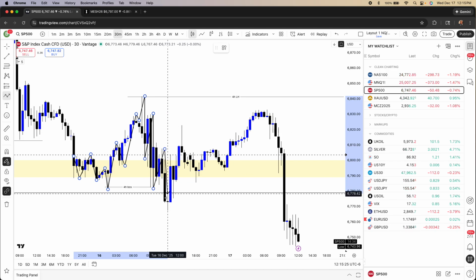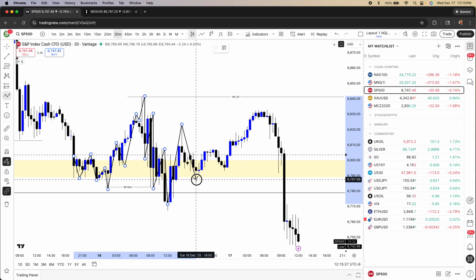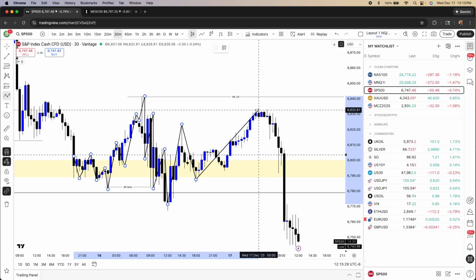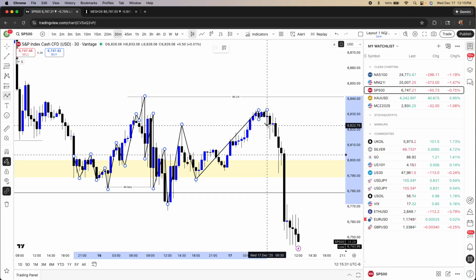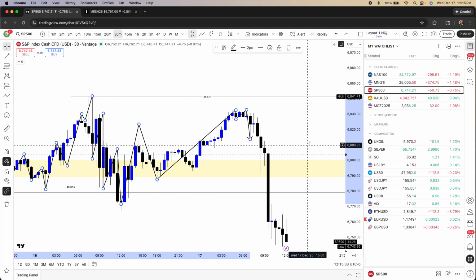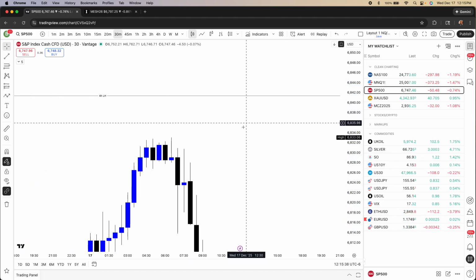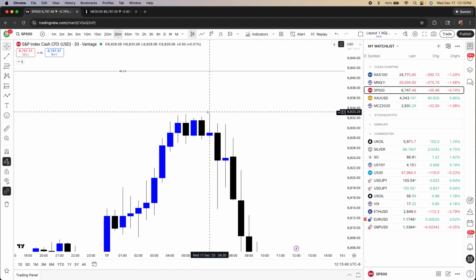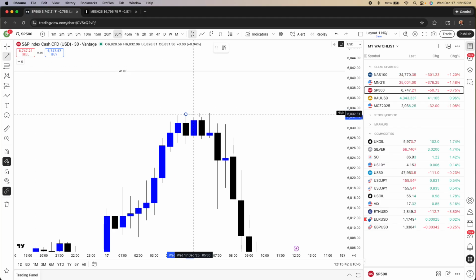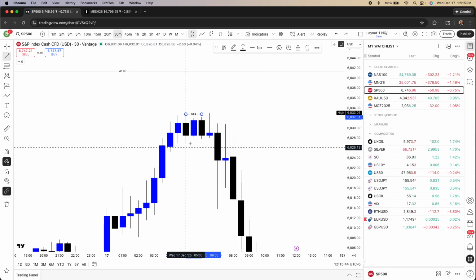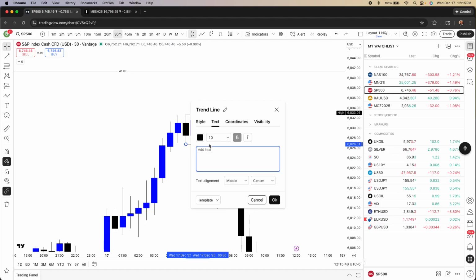And boom, boom, boom. And then right in here, we get a shift to the downside. So if we look very closely, we have a down candle and then an up candle that breaks the highs right here, and we sweep. So we get a break and a sweep, and then this will be my 30-minute break of structure.